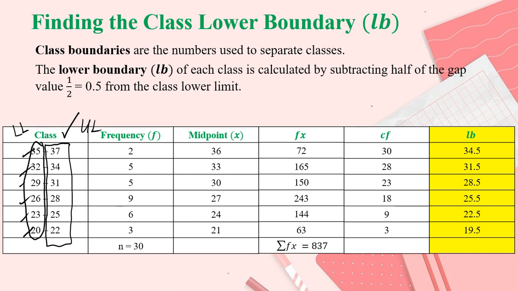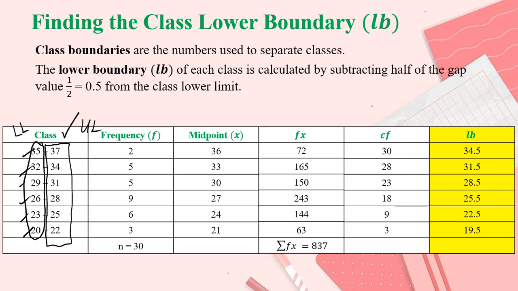Again, in solving for the lower boundary po, all you have to do is to subtract 0.5 in your lower limit. Okay? And we are done with our table. So, tapos na po tayo sa frequency distribution table pa lang po.